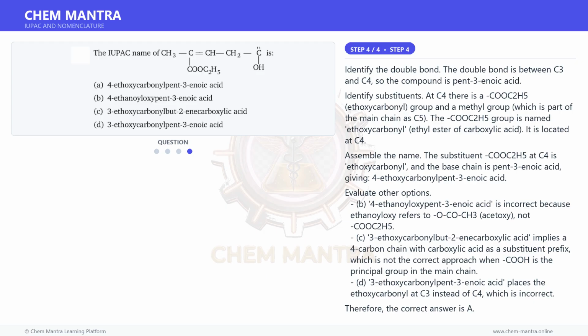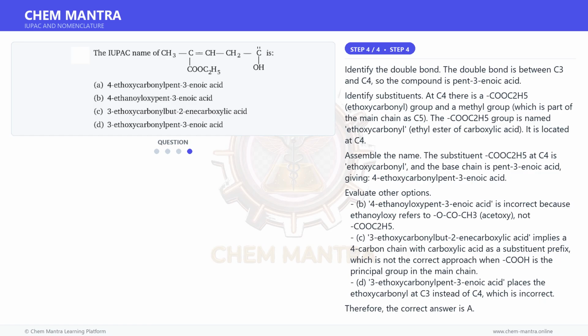And for the next step, identify the double bond. The double bond is between C3 and C4, so the compound is pent-3-enoic acid. Identify substituents. At C4 there is a COOC2H5 ethoxycarbonyl group and a methyl group, which is part of the main chain as C5.